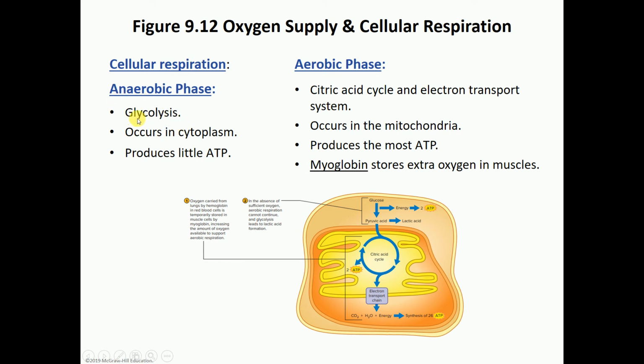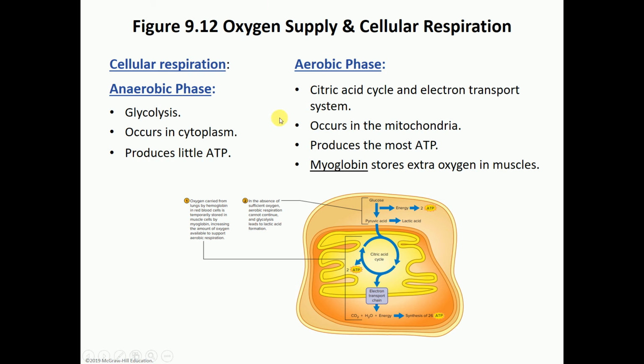Glycolysis means to break down glucose. That will happen in the cytoplasm, and it produces a very small amount of ATP, pretty much 2 molecules of ATP. So your anaerobic phase will make ATP, but it is definitely not enough to make the amount of ATP that a muscle would need to contract.